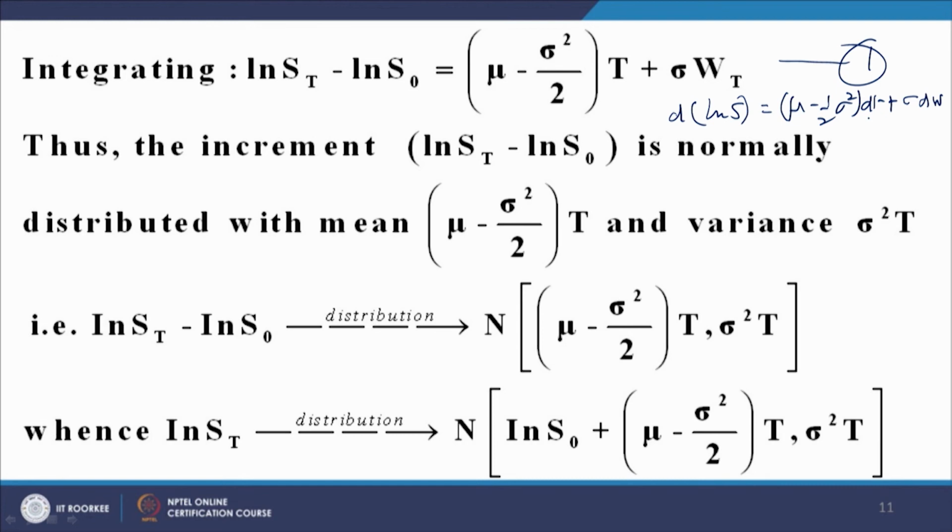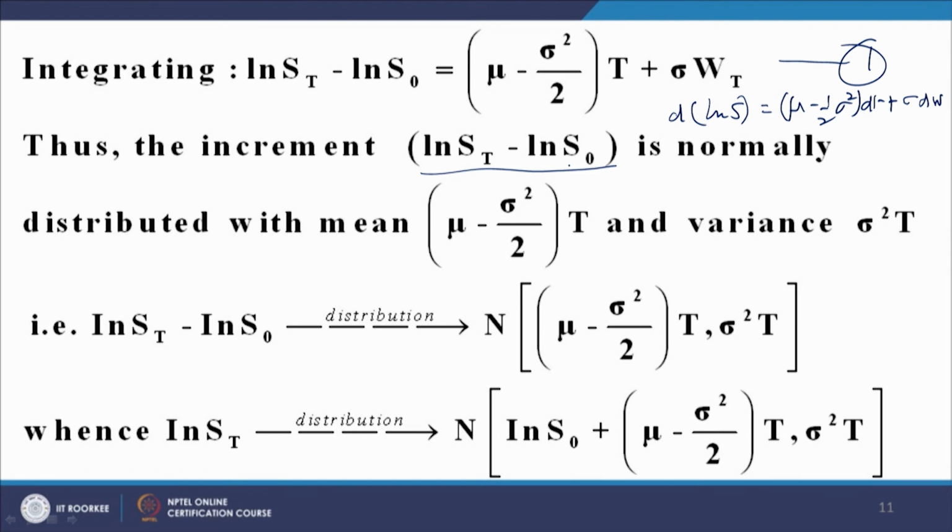Therefore, from this we find that the increment log of S t minus log of S 0 is normally distributed with a mean which is equal to mu minus 1 by 2 sigma square into t, and a variance that is equal to sigma square capital T.